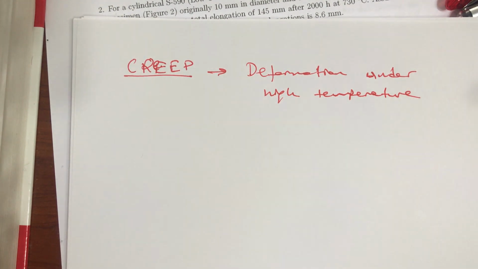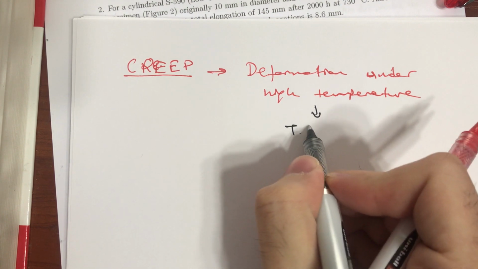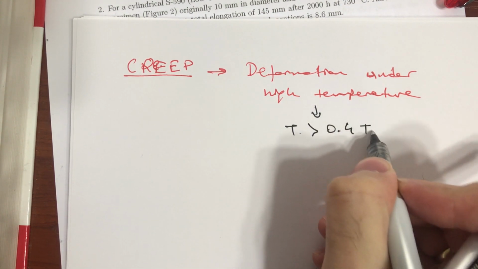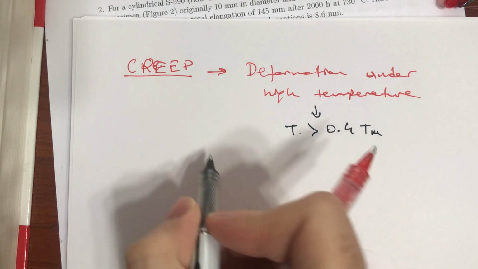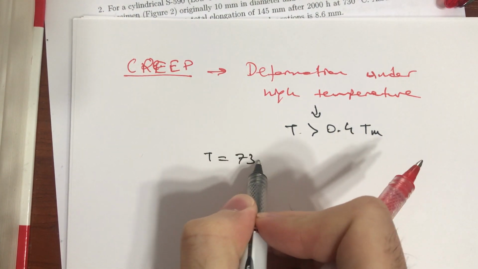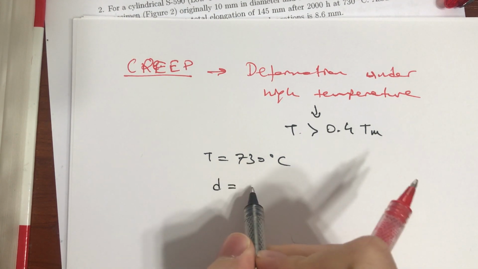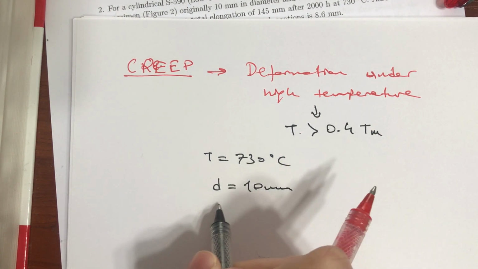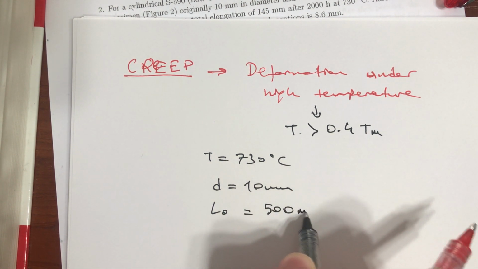Now we need to define what high temperature means here. We are above 40% of the melting temperature. So for the given alloy, the temperature is 730 degrees Celsius. Initial diameter is 10 millimeters. Initial length is 500 millimeters.